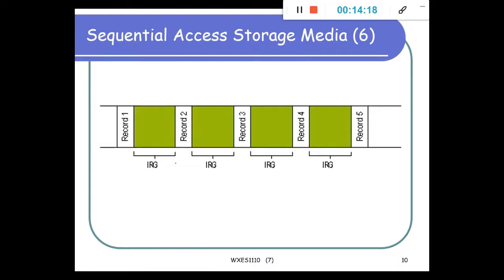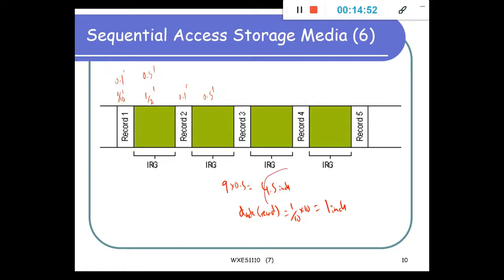As I said before, record 1 is 1/10 inch, or 0.1 inch, and the gap is half an inch, or 0.5 inch, and so on. 9 times 0.5 is 4.5 inches, and for the data you have 1/10 times 10, so 1 inch.